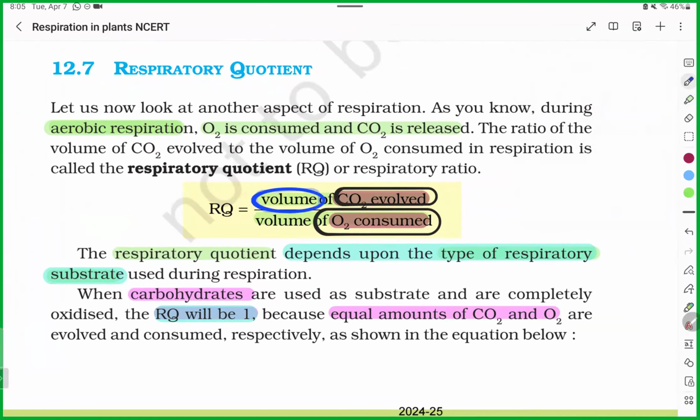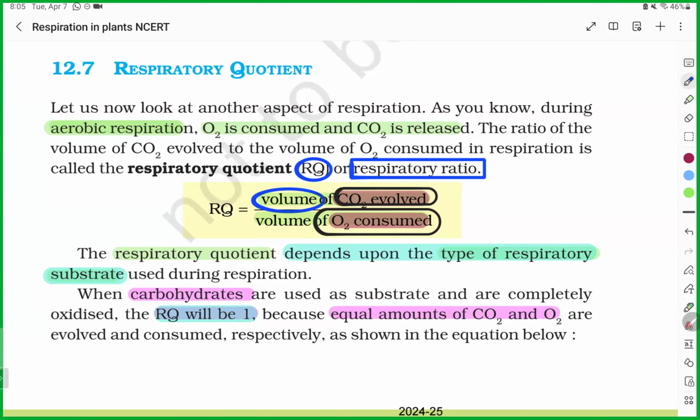How much CO2 is evolved, how much oxygen is consumed, it will tell us the respiratory quotient or respiratory ratio. Sometimes people will miss this word respiratory ratio. Remember, my job in this session is not reading biology. My job is to highlight where you can make mistakes.